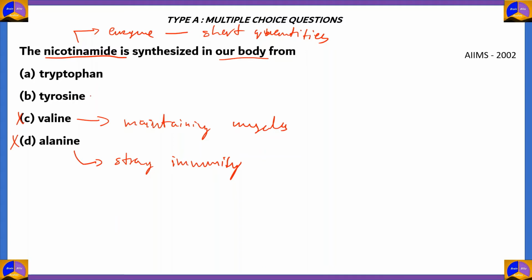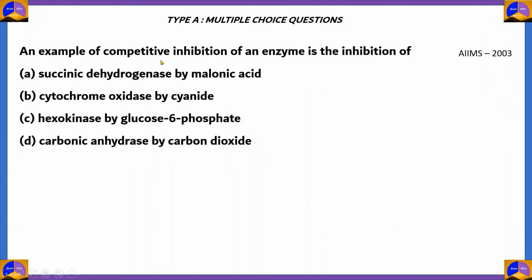Option B, tyrosine. Tyrosine synthesizes epinephrine, so option B is incorrect. The right answer is option A, tryptophan. Tryptophan is used in synthesizing nicotinamide in our body. Next question.